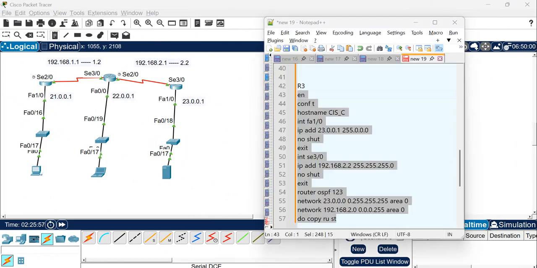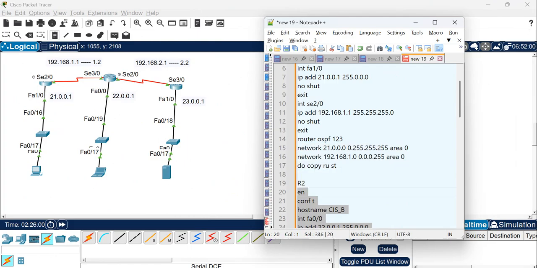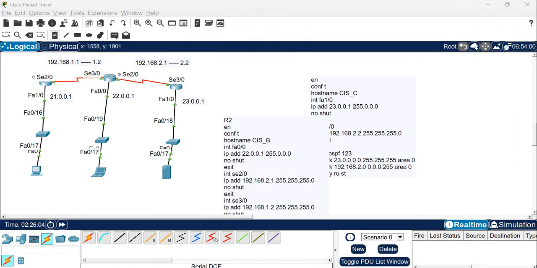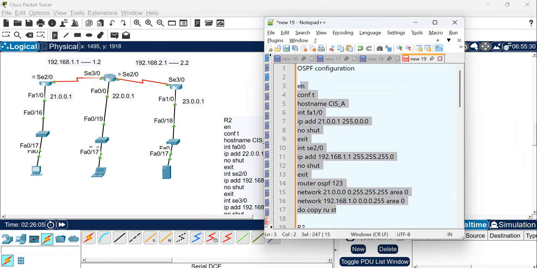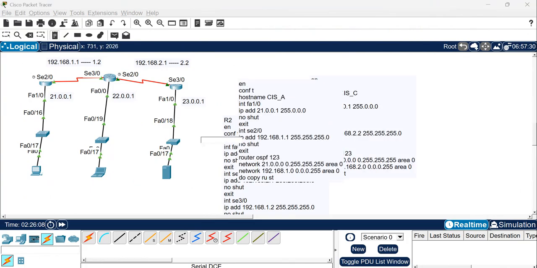So this is for the third router, and this is for the second router, and this is for the first router.